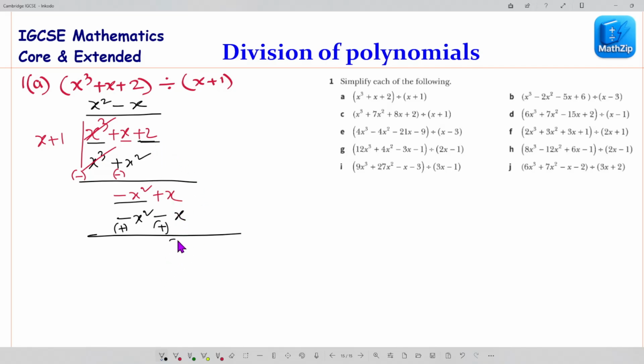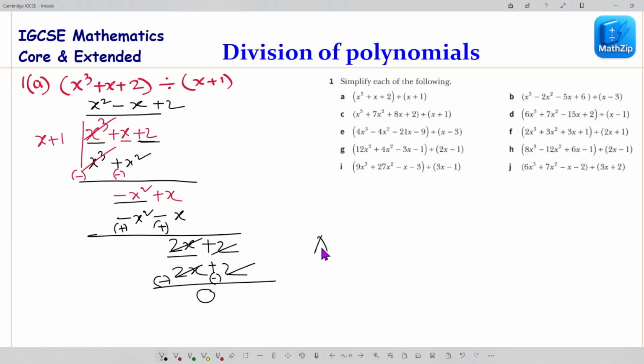So here is 2x plus 2. Now these 2x, once we divide by x, we will get plus 2. So here is 2x, 2 times 1 is 2, so plus 2. Now minus, and this one is minus 2x, minus 2x plus 2 minus 2, so here is no remainder.